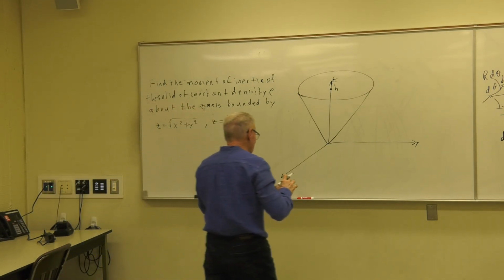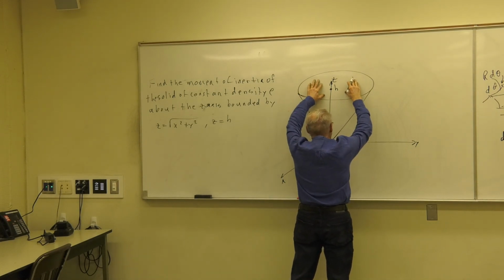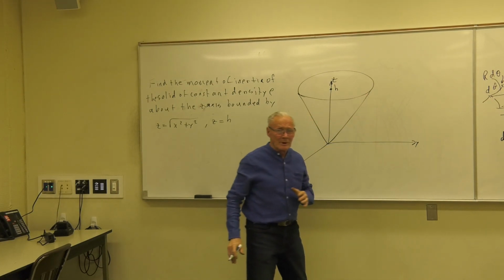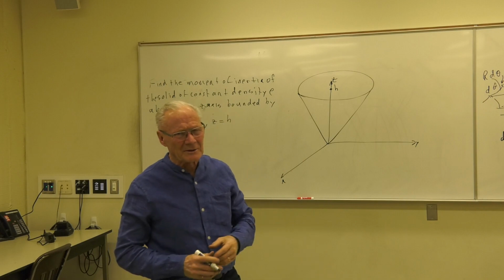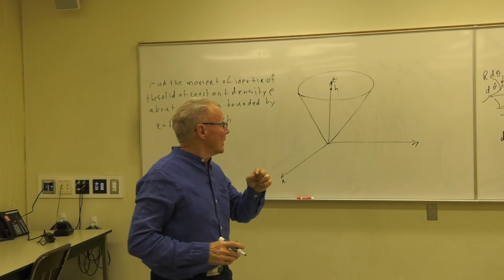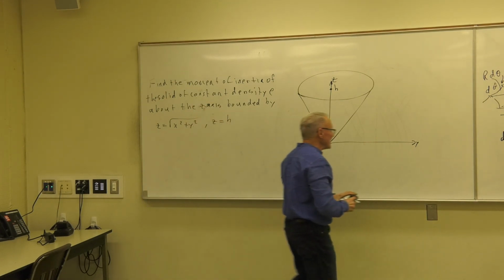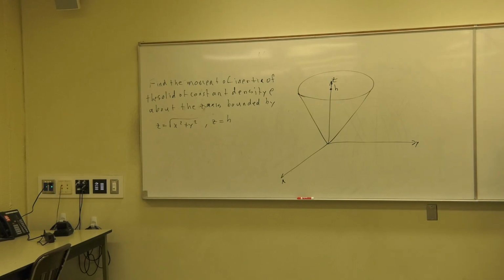So when I see this, I might think of spherical coordinates. The plane, however, z equals h up here, which is the top of the cone, does bother me. Spherical coordinates are not built for that. So I'm going to see what happens if I try. But first of all, let's set it up in cylindrical coordinates, and then I'll leave you to do it, and I'll set it up in sphericals and do it.